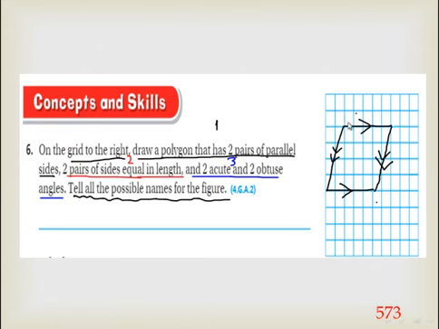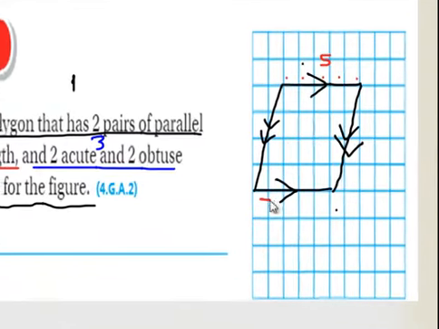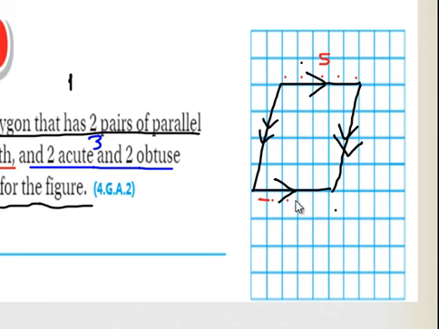Let's see the first length here. Count with me. 1, 2, 3, 4, 5. Here 5 steps. And here down, 1, 2, 3, 4, 5. 5 steps. So I can put any sign here. This sign, do you remember it? And this sign.